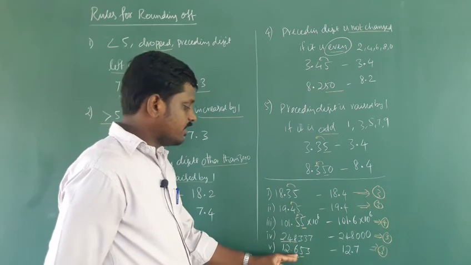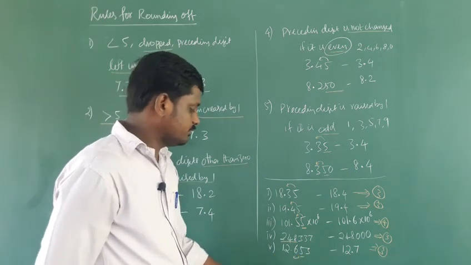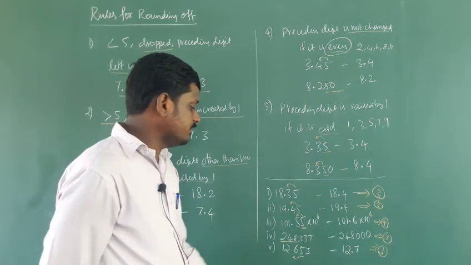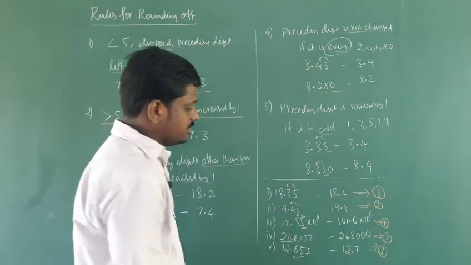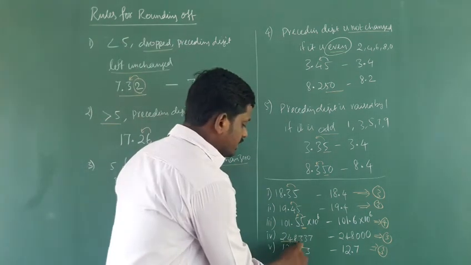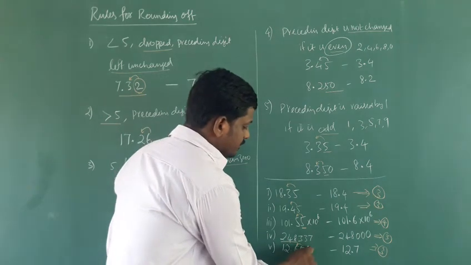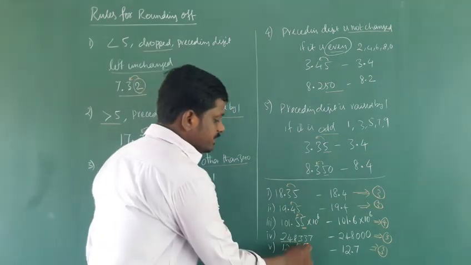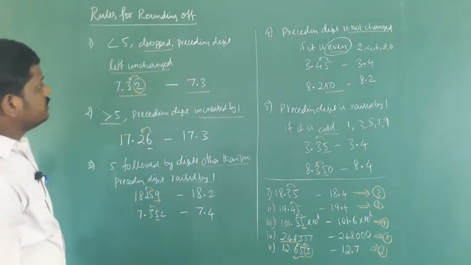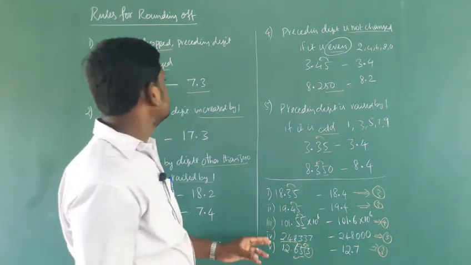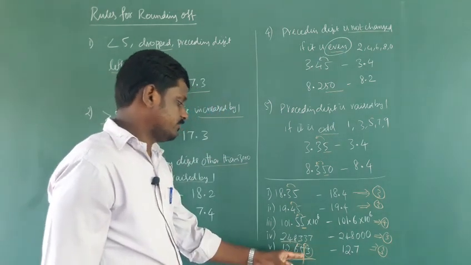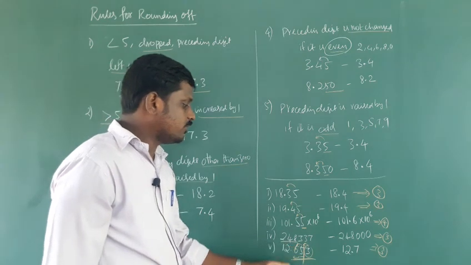The digit dropped, 3, is less than 5, and then we check the preceding number, which is 5. Odd means the preceding number is increased by 1, so it is 12.7.